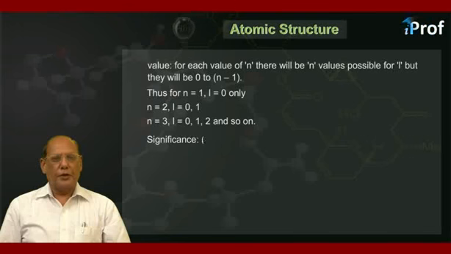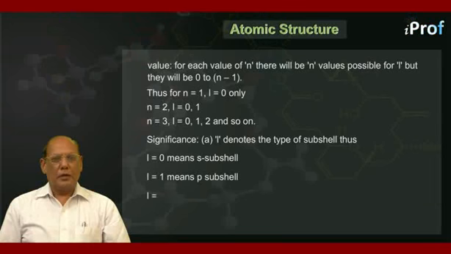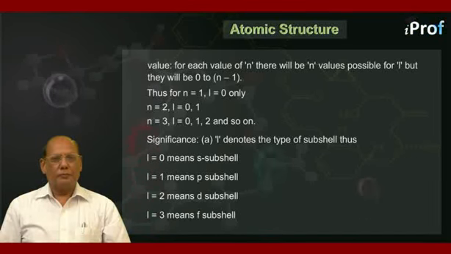Significance: a. l denotes the type of the subshell. Thus, if l is equal to 0, it means s subshell. l equal to 1 means p subshell. l equal to 2 means d subshell. l equal to 3 means f subshell.